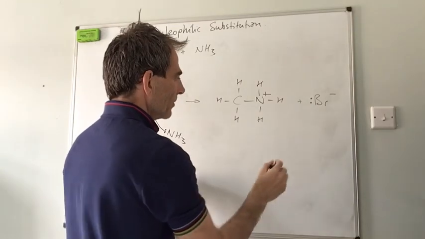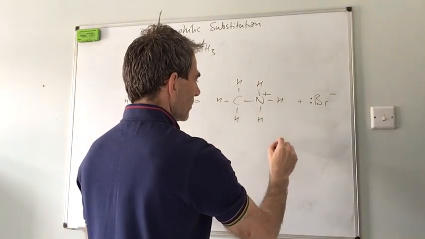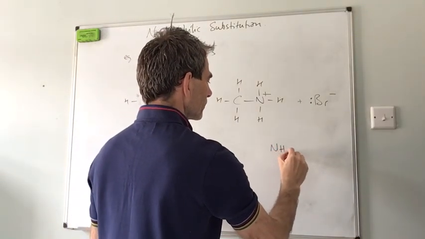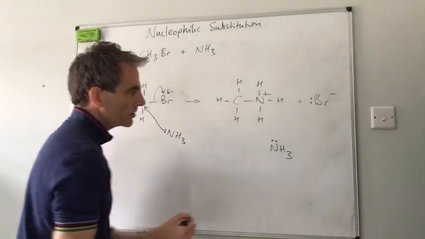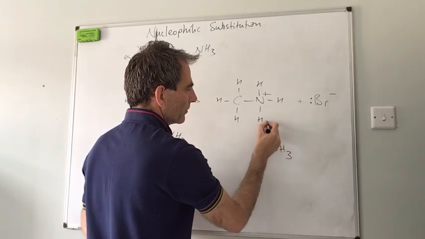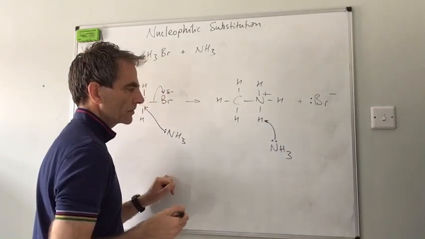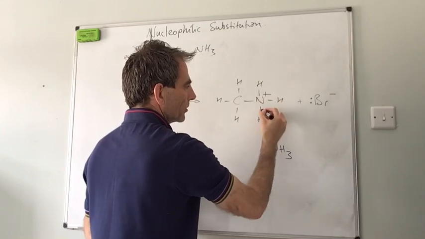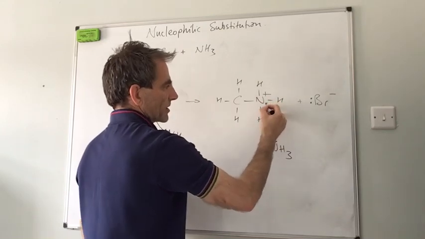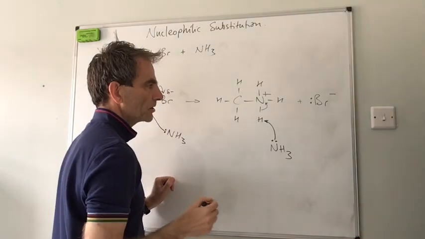Okay, so for the next part of the mechanism, we need to bring another ammonia molecule into play. What that's going to do is grab hold of, say, this hydrogen here, and the pair of electrons in this bond are going to go onto the nitrogen, and that's basically going to get rid of that positive charge.